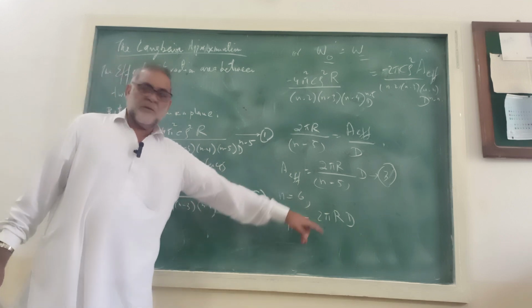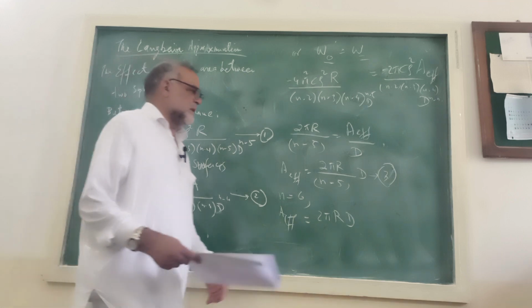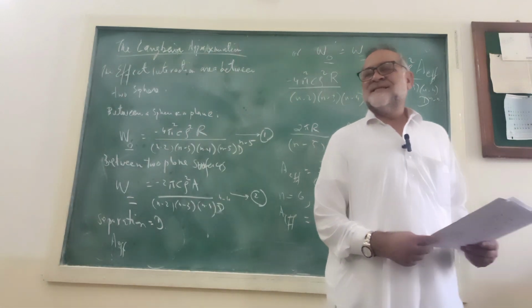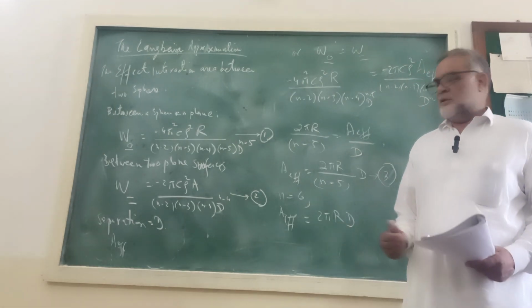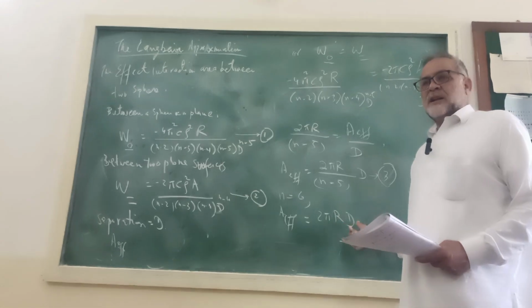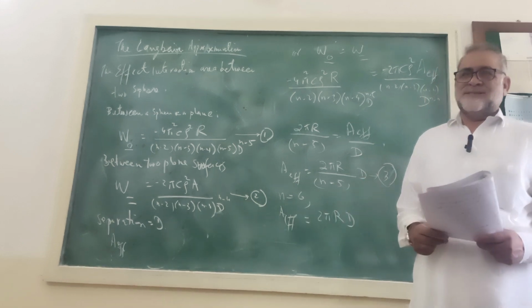This should be the effective area of that sphere. Good. That is the effective area of the sphere, 2 pi R D, and it takes into account the separation D as well.